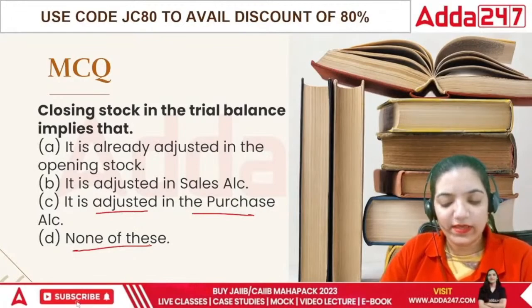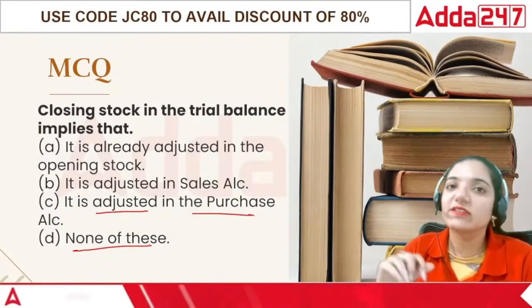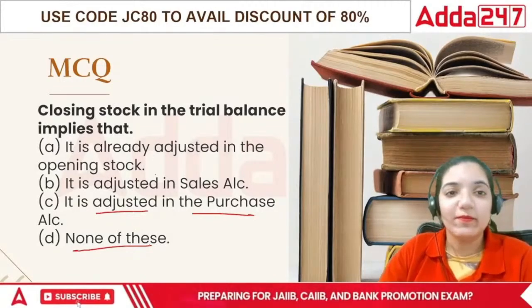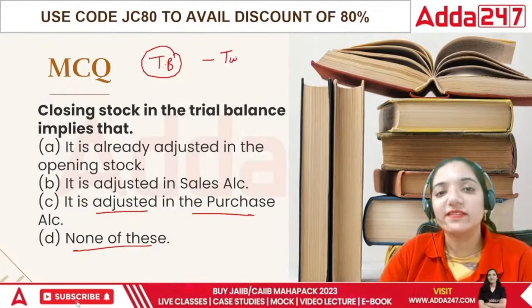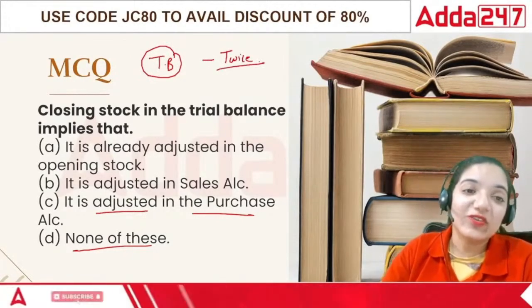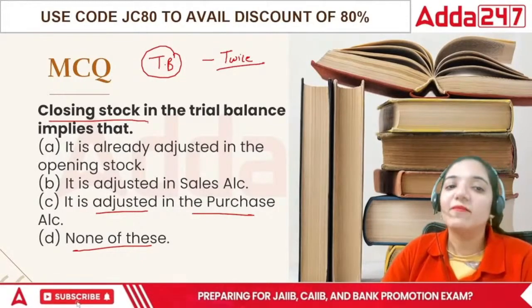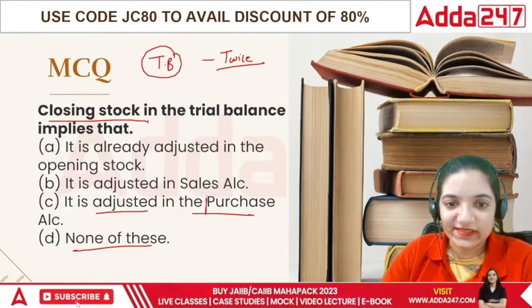Now the point is closing stock is in the trial balance. Closing stock is normally not shown in the trial balance because anything that is covered in the trial balance has to be noted twice, debit and credit. Only then the trial balance matches. So if you are putting it into the trial balance, then you will have to adjust it in the purchases.